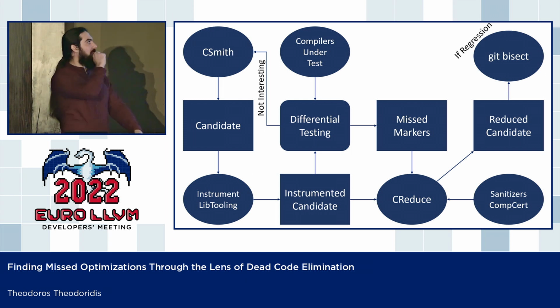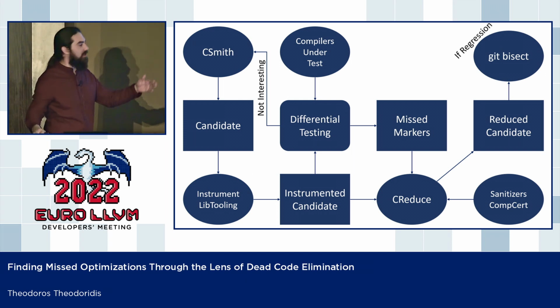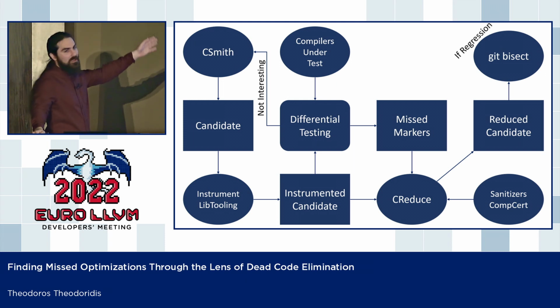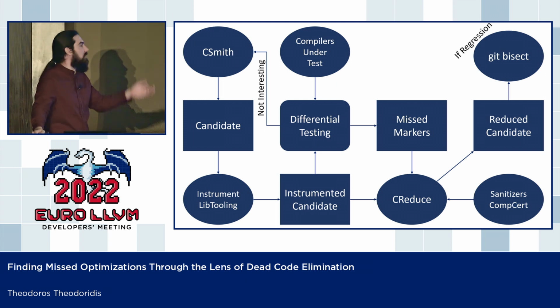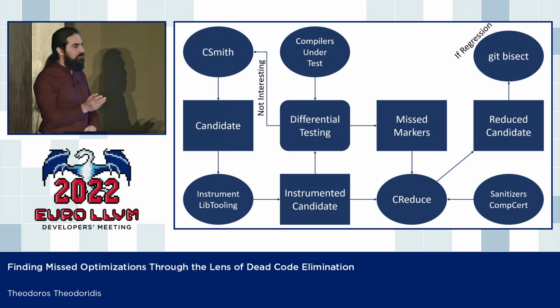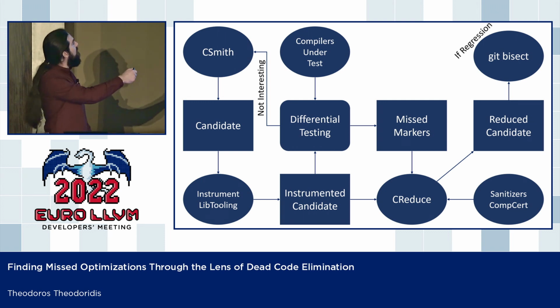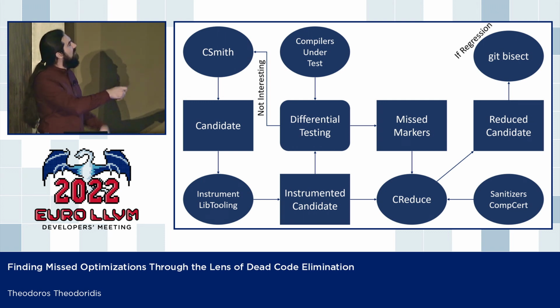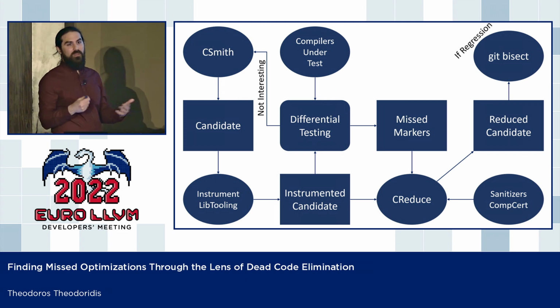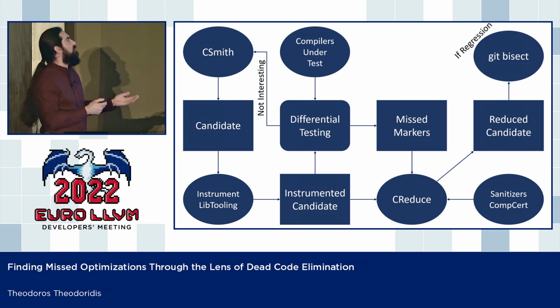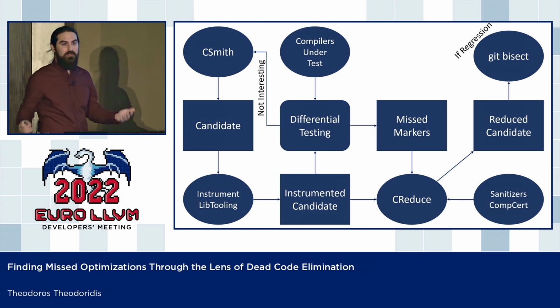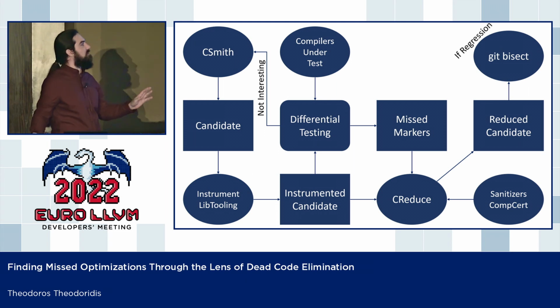That depends. The first part, until generating a candidate and doing the check, takes a few seconds. Maybe a bit more, because when we generate a candidate, we also need to make sure that it doesn't contain undefined behavior or is problematic, because sometimes Csmith can generate programs that don't behave that nicely.